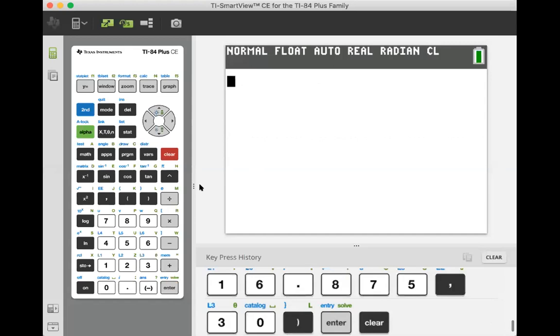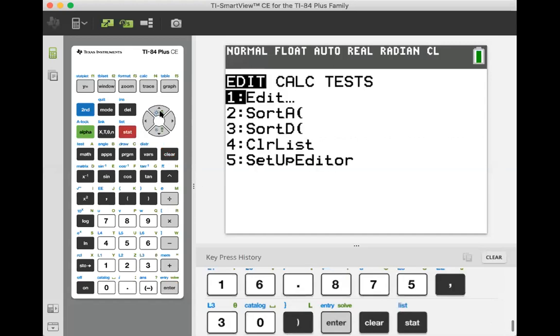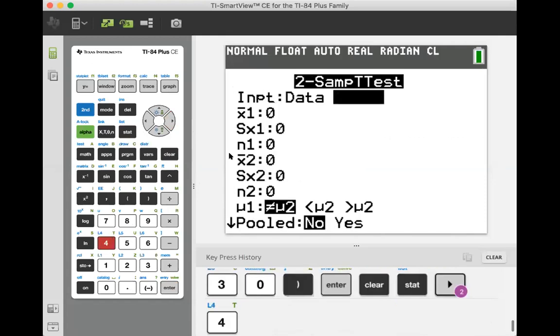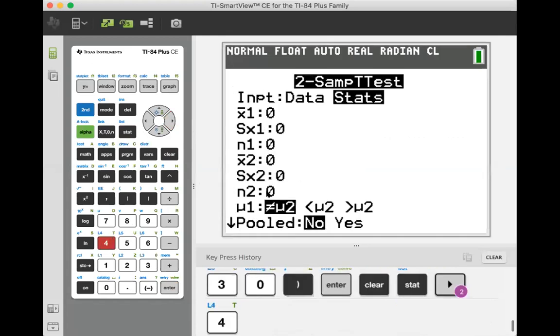And let's go to the tests, which are in stat, right arrow to tests. And we want the 2SAMP t-test, which is number 4. So I'm just going to hit number 4. And now we've got to put in all the statistics, the statistics from the first sample and the statistics from the second sample.